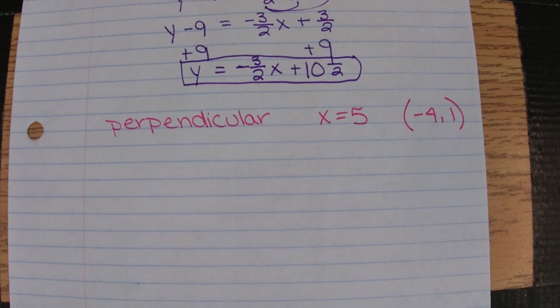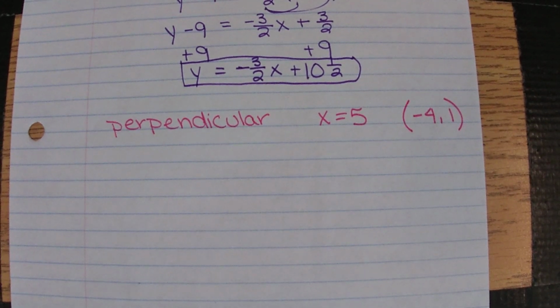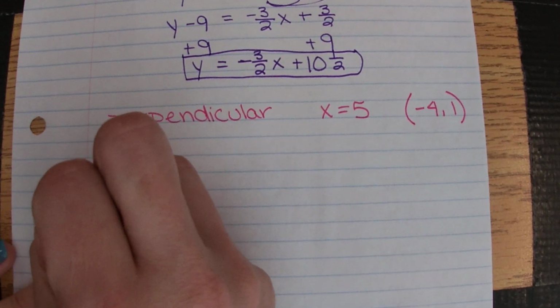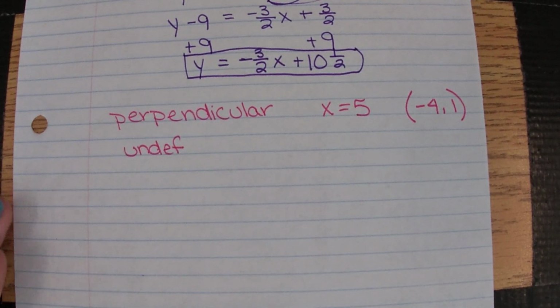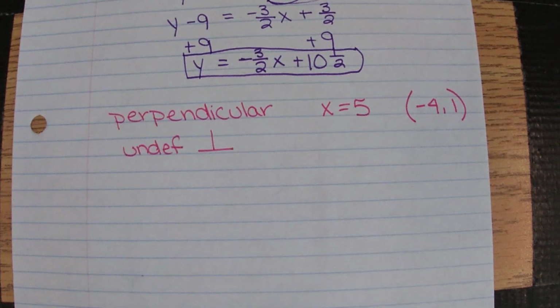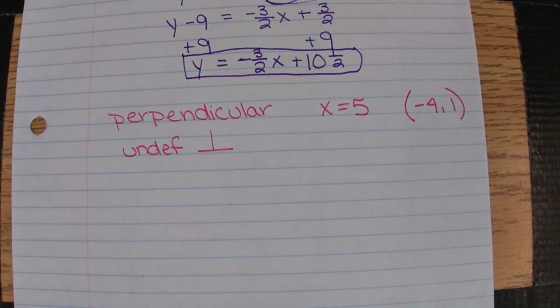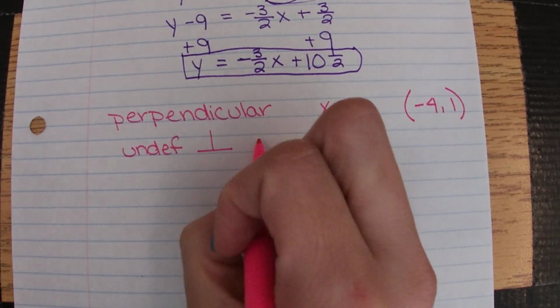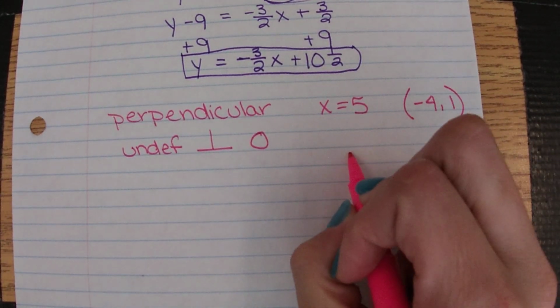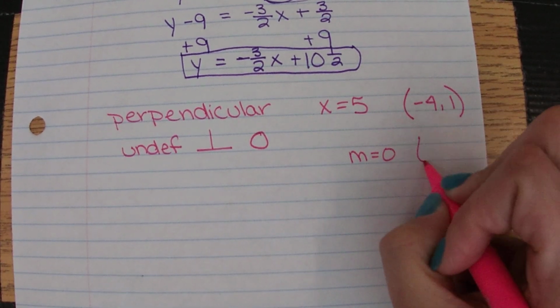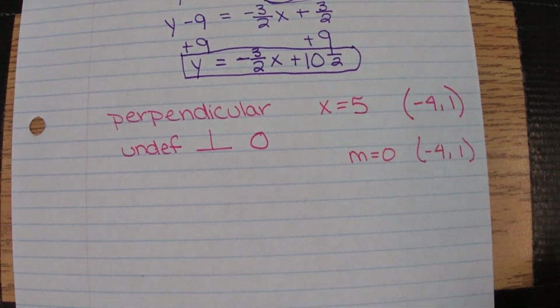So what we instead need to know is that an x equals line is a vertical line, and a vertical line always has undefined slope. Okay, so then what would be perpendicular to undefined slope? Well, perpendicular to a vertical line would be a horizontal line, and a horizontal line has a slope of 0. Okay, so I need a slope of 0, and I need to pass through the point -4, 1.